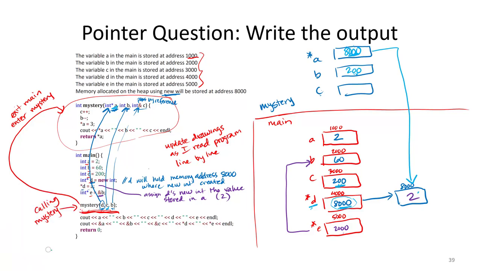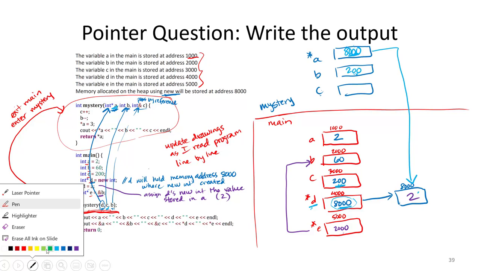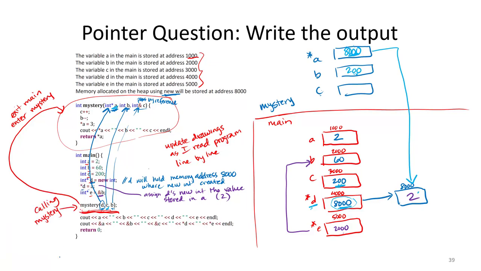Finally, this last one is very important. I'll use a slightly different color here just to illustrate what's happening. Notice that this variable B in main is being passed by reference into mystery's variable C. So what I'm going to do here is I'm going to put a note so I remember that this is pass by reference. Oops, and I drew the arrow incorrectly.